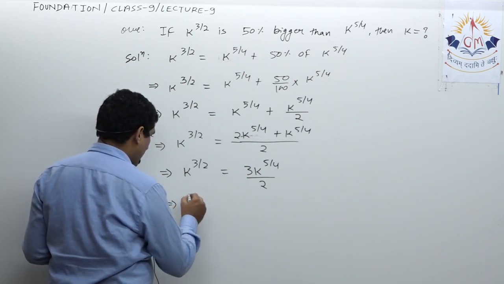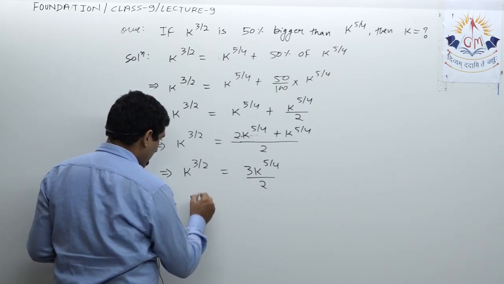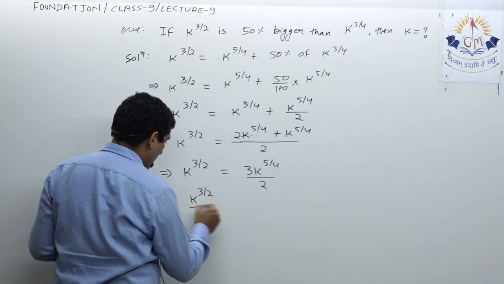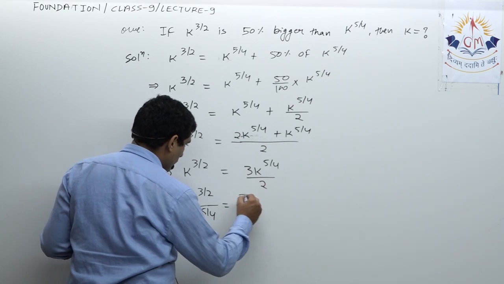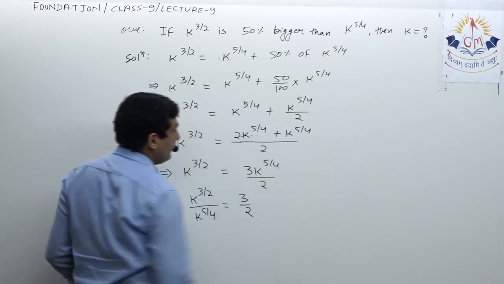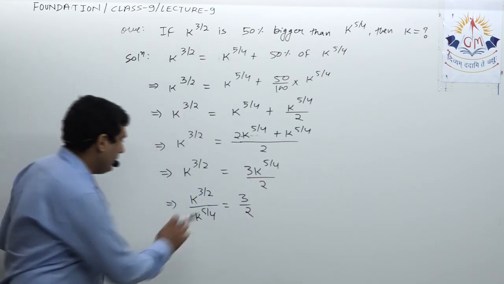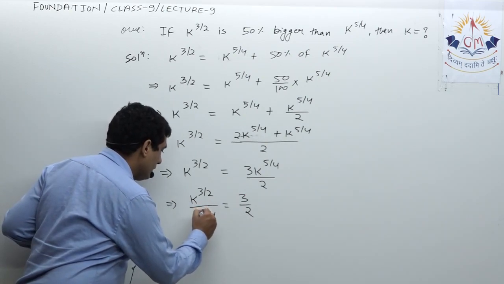Now over here I can say k raised to 3 by 2 upon k raised to 5 by 4 is equal to 3 upon 2. So note it down up to this point, then I will give you its further solution.